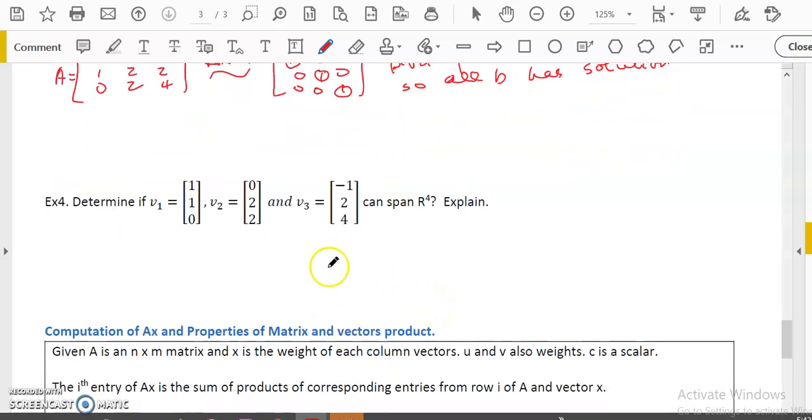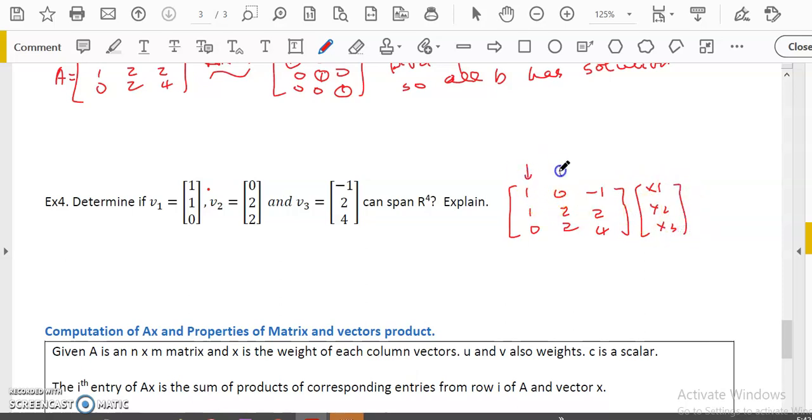Determine if these three vectors will span R4. So that means if I am to solve 1, 1, 0, 0, 2, 2, negative 1, 2, 4 times x1, x2, x3, right?